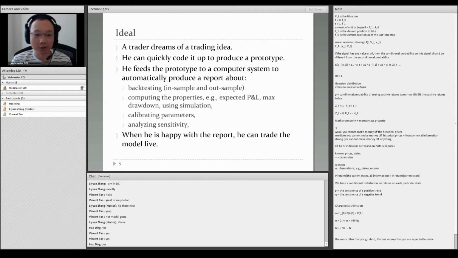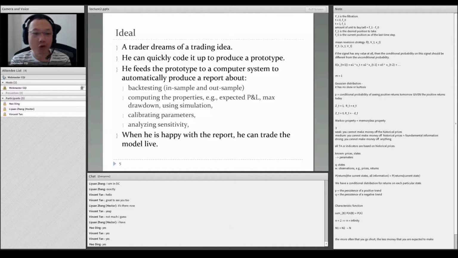So in the ideal situation, the trader should spend most of the time, say 90% of the time, just coming up with ideas, and spend as little time as possible in coding. Maybe he needs to code his strategies, but the rest should be done by a computer system. So maybe 90% of the time, the traders are just reading books, reading newspapers, talking to friends, just to come up with trading ideas.